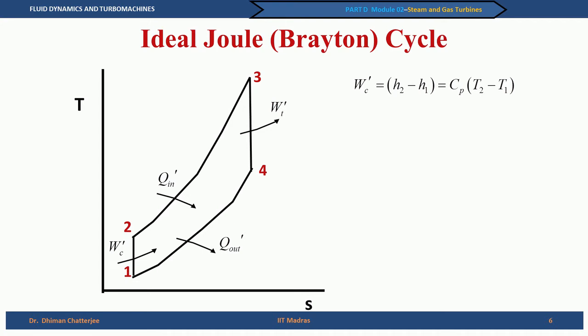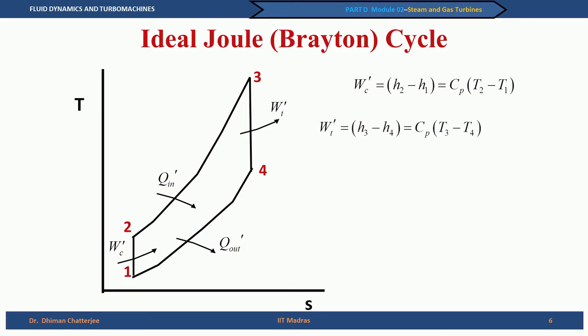This h2 minus h1 is greater than 0, but this compressor work, as we have indicated here by the arrow, is the work done on the compressor, and so when we calculate the net work, we need to keep this sign convention in mind. And since we are assuming that this is a perfect gas, so we can say c p is constant, and we can write h2 minus h1 as c p times T2 minus T1.